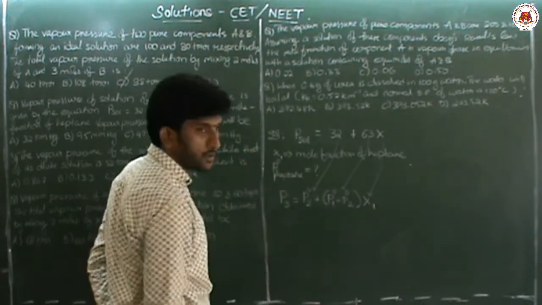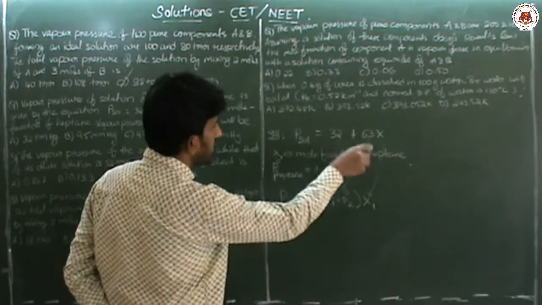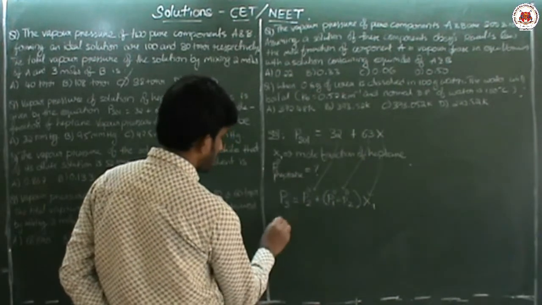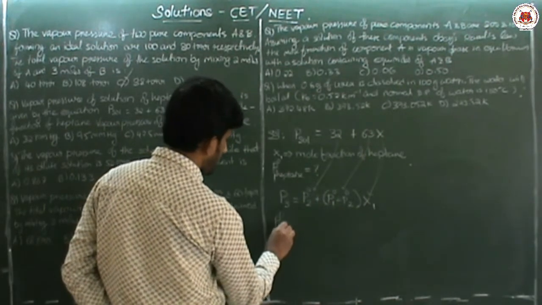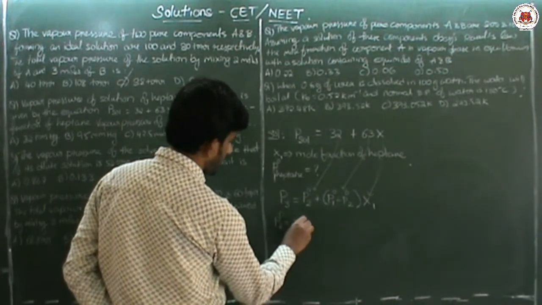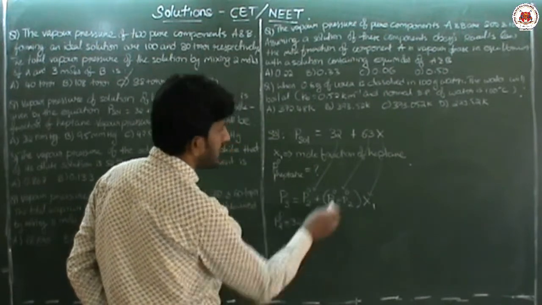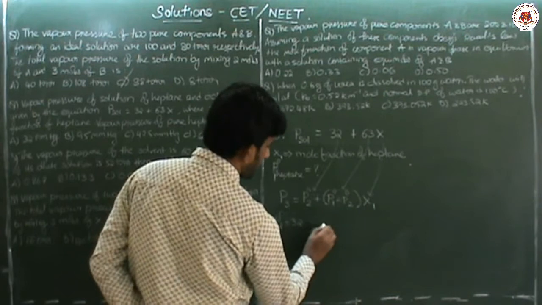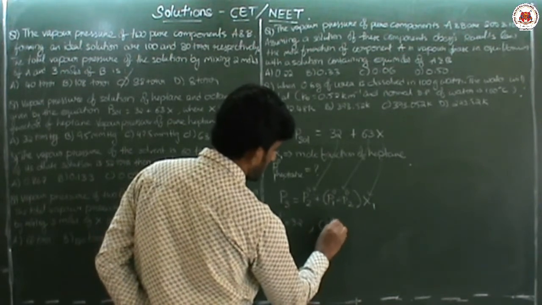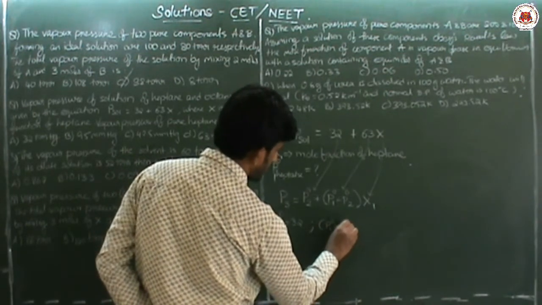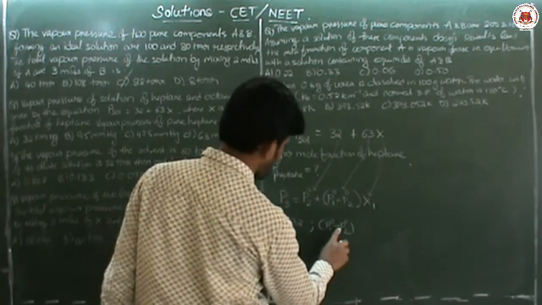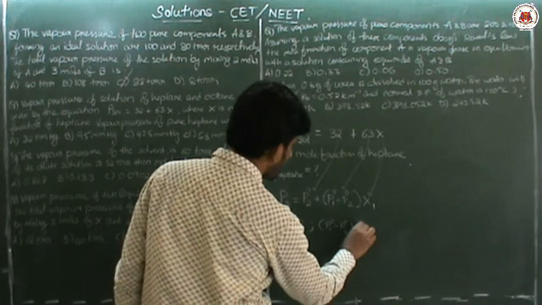It is P01, no? So from the given equation, if I make a comparison, P02 is 32. And I can write this one, P10 minus P20 into x.